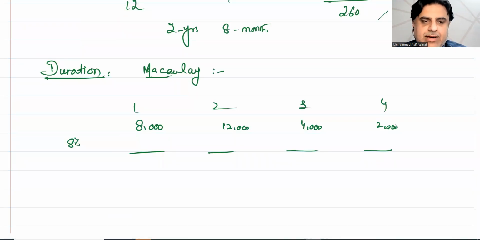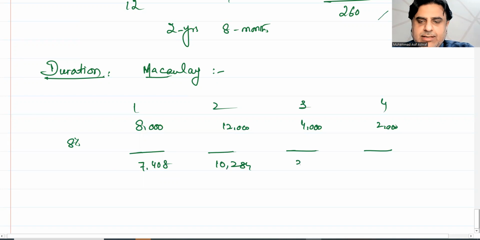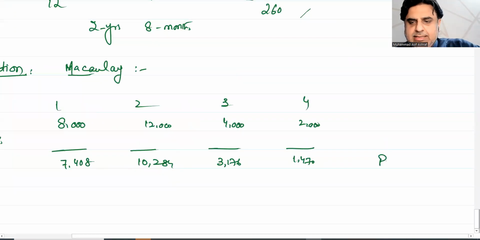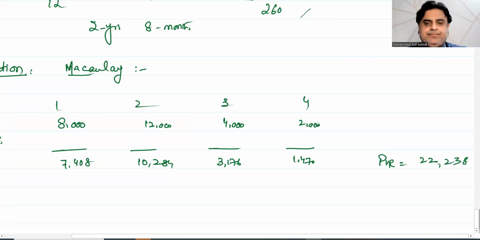You have present values 7408, 10284, 3176 and 1470. If we add them all, the present value of return phase is 22238.